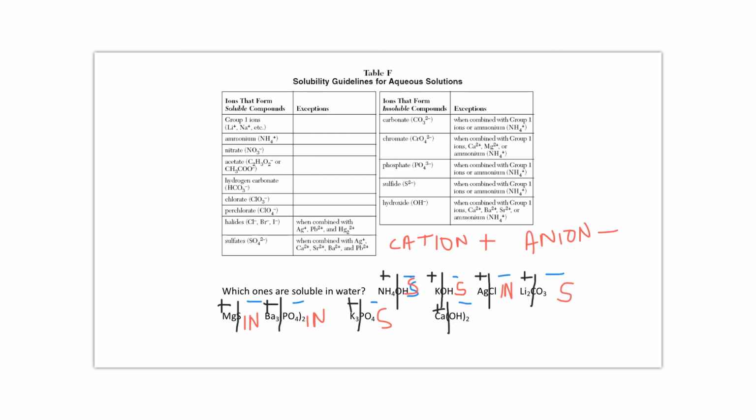Calcium hydroxide, the OH is bonded to calcium, and therefore it's soluble. And that's how you do it. So you break apart your compound into the cation and anion. Look for the anion. If you can find it, which side is it on, soluble or insoluble? If you can't, find your cation and look for that. And then check for the exceptions. The exception is always opposite of what it should be.